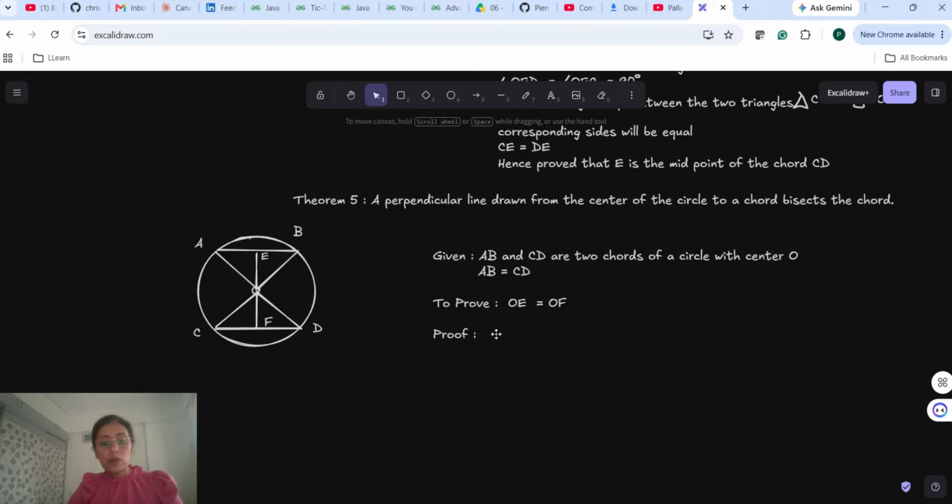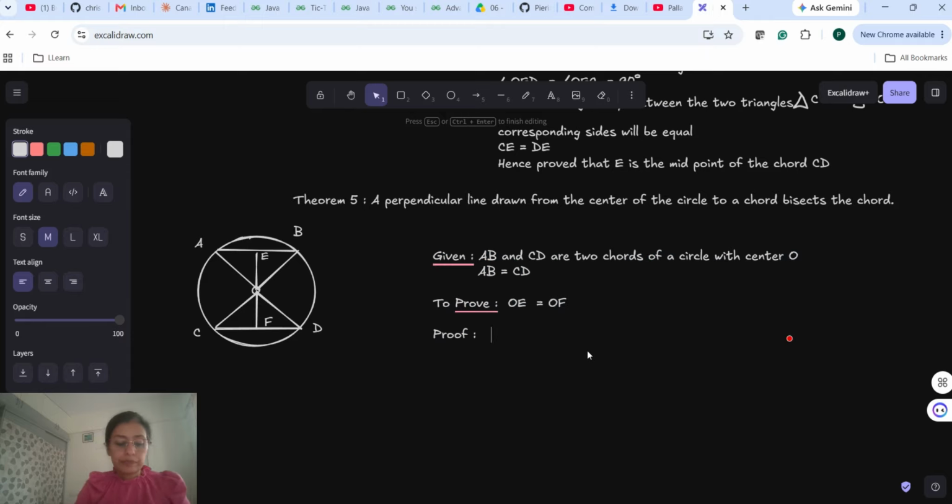So here what we know is AB is equal to CD, which is given. Then what else do we see? We see OA is equal to OC because they are the radii of the same circle. Then OB is equal to OD. Again, radii of the same circle.